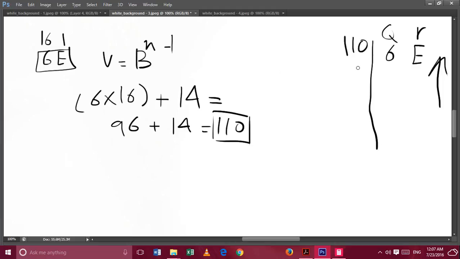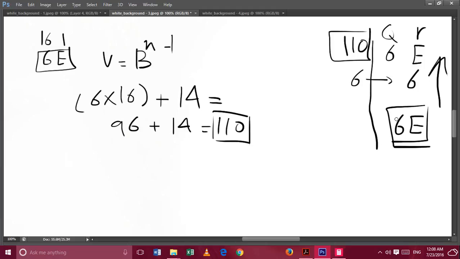And then pass the quotient till the quotient is less than the base, which is 16. 6 is less than the base, so we pass it as the last remainder. Now the number will be all the remainders from the bottom up, which is 6e. So there you go, we converted this number back to its hexadecimal notation.